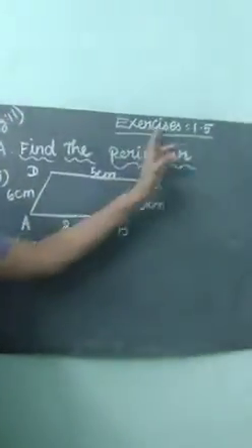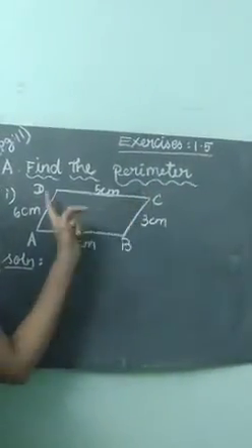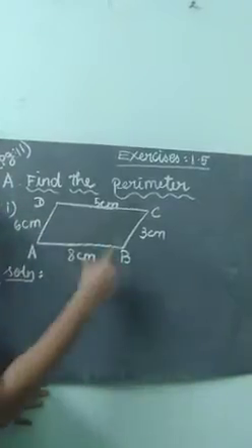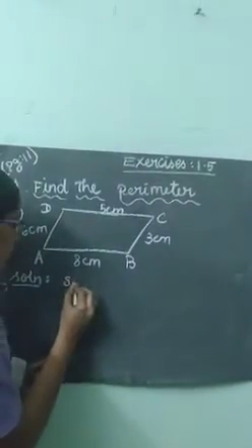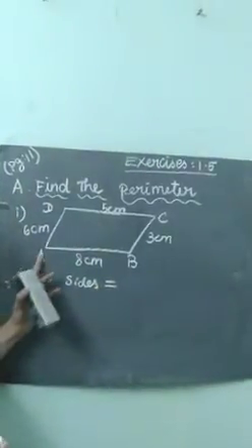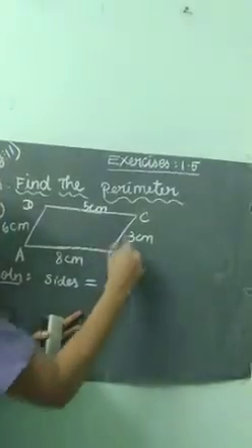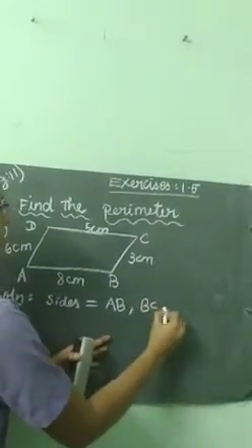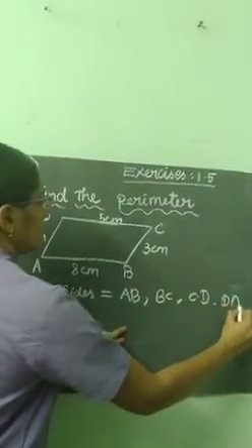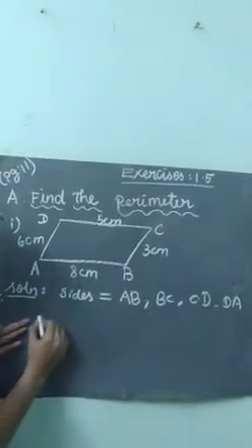Now exercise 1.5A, find the perimeter of the following figure. First figure is. First write the sides. This is the question. Put the solution. Sides. What are the sides having here? AB, BC, CD and DA. And then now we want to find the perimeter.